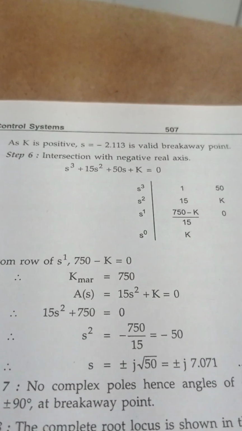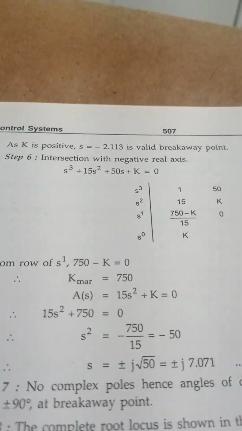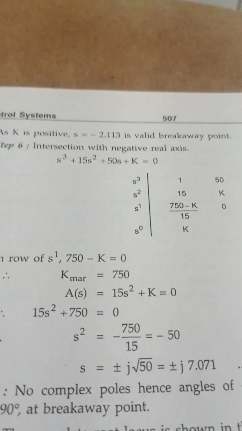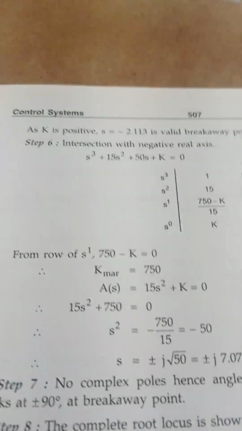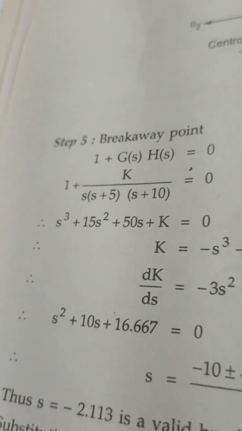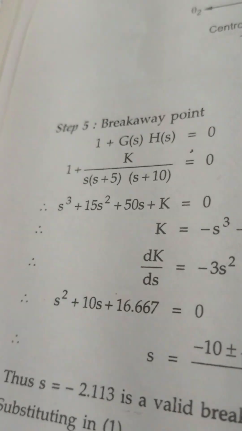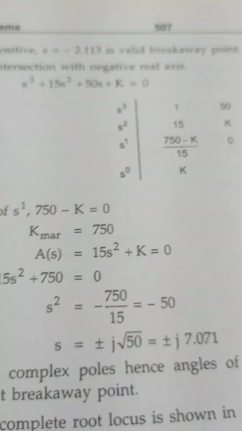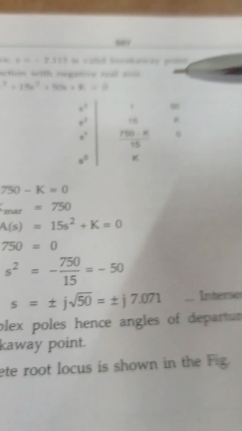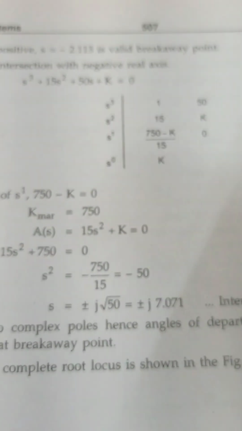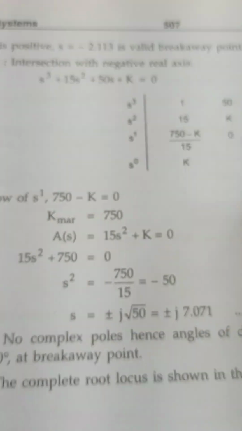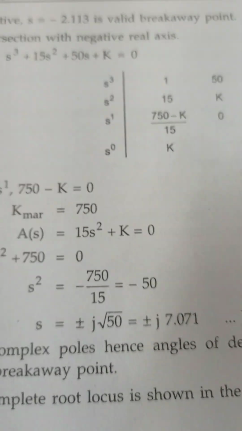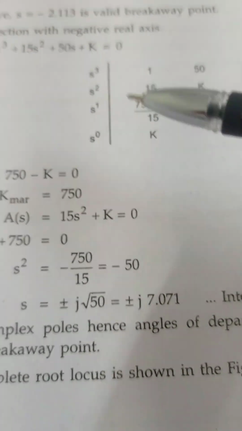Then step number 6, intersection with the negative real axis. Take the equation s cubed plus 15 s squared plus 50 s plus k equal to 0. Using the Routh criteria, we find the coefficients.